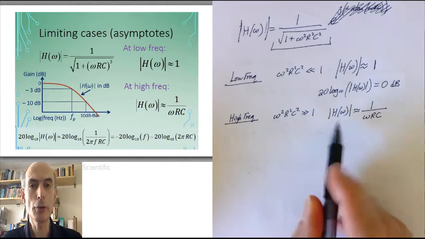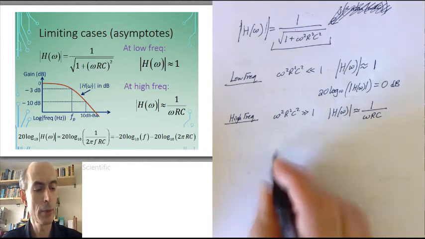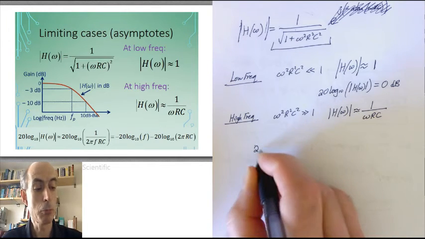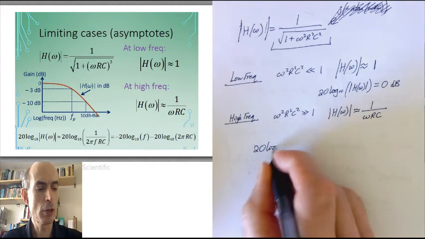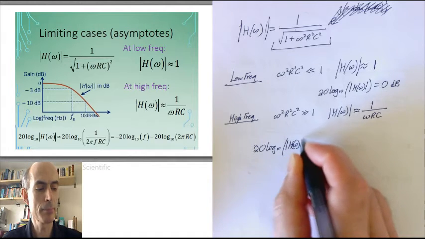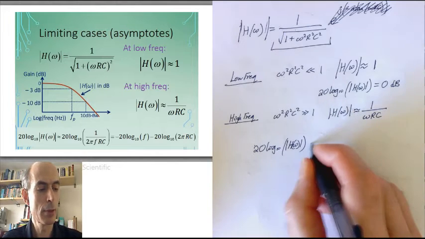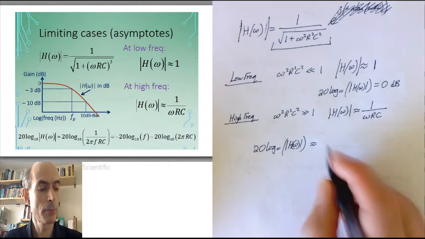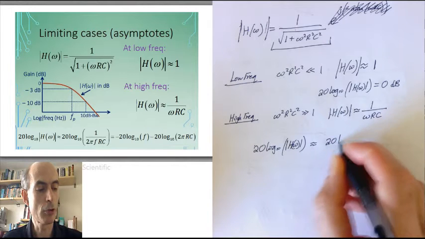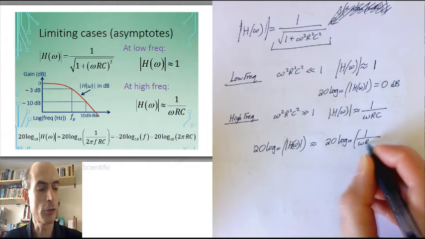Now, if I take the logarithm of both sides of this expression and multiply it by 20, I get 20 log 10 of the modulus of H of omega. That's the amplitude response in dBs, approximately equal to 20 times log to the base 10 of 1 over omega RC.